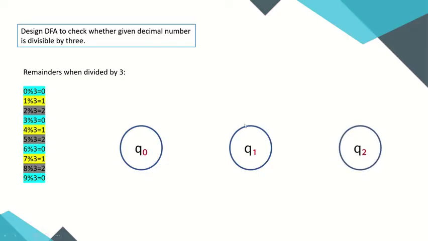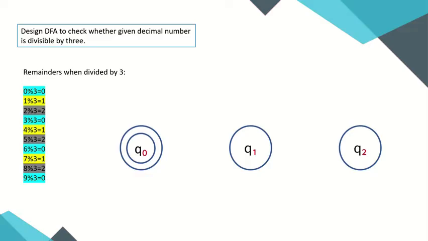Let us assume that the Q0 state corresponds to the case where we get the remainder 0, Q1 corresponds to the remainder 1, and Q2 corresponds to the remainder 2. And we know that a number is divisible by 3 only if the remainder is 0. So we are making our initial state Q0 the final state also.